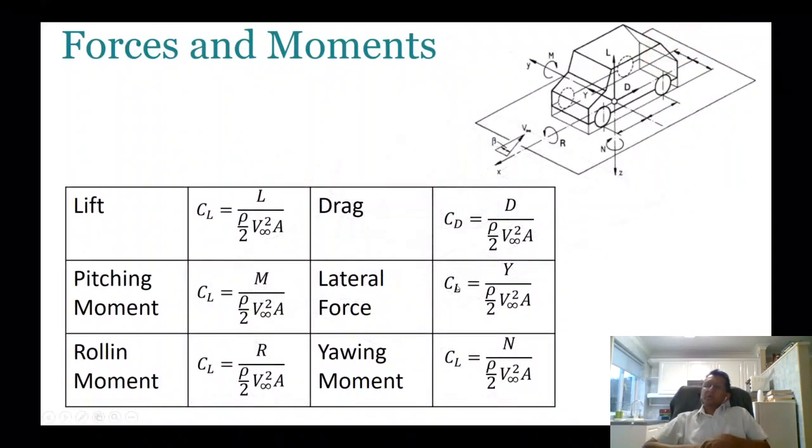Okay. So if you look at forces and moments, the lift coefficient is the lift force over rho over 2 v squared A. The drag coefficient CD is drag over rho over 2 v squared A. For the pitching moment, you divide the pitching moment by rho over 2 v squared A. For the lateral force Y, you divide by the same amount.